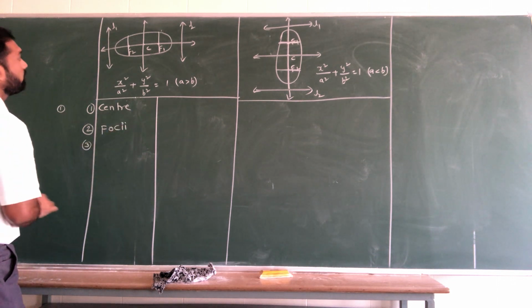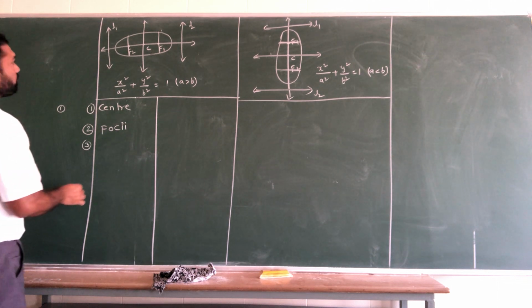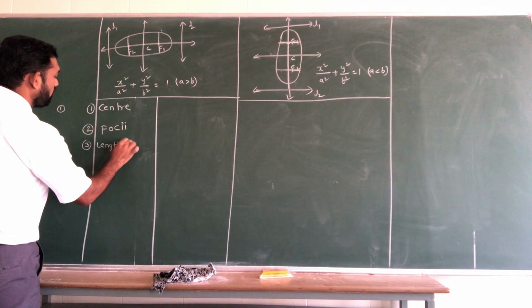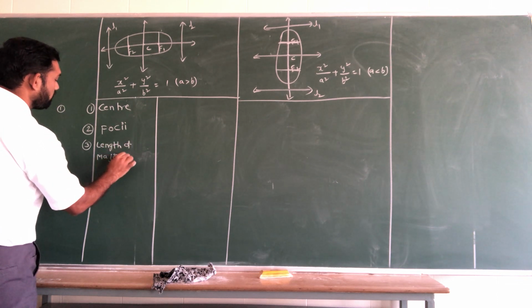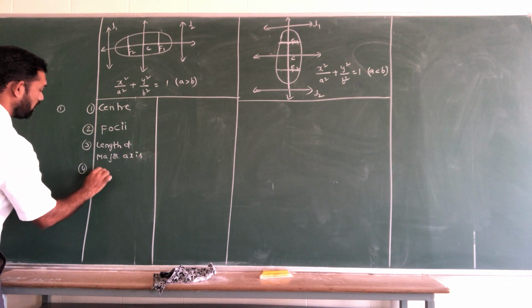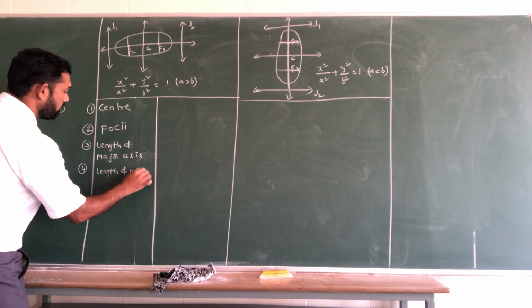Third point is length of major axis. Fourth point, length of minor axis.